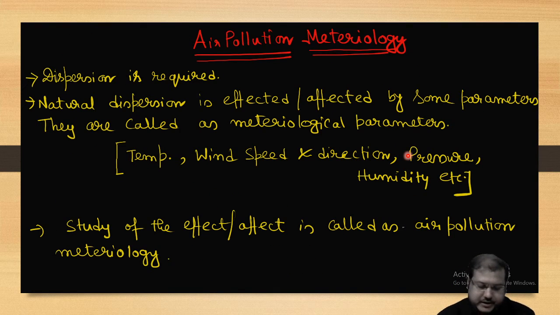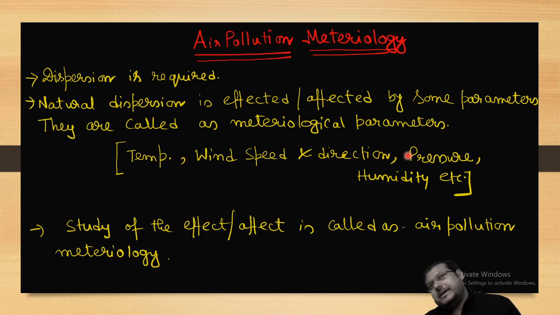Now we are entering the second part of this chapter, which is called air pollution meteorology. Before we look at it, let us see what is needed. Think: a certain amount of pollutant is dispersed in your room.